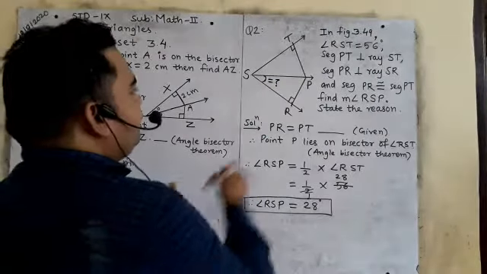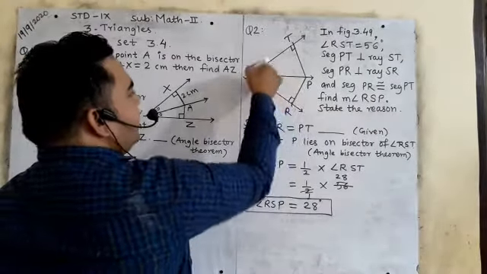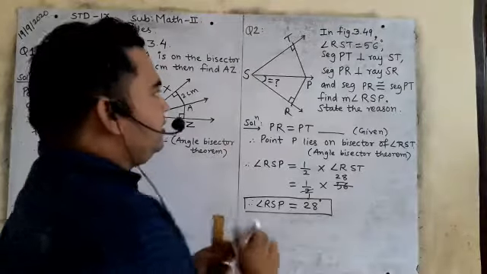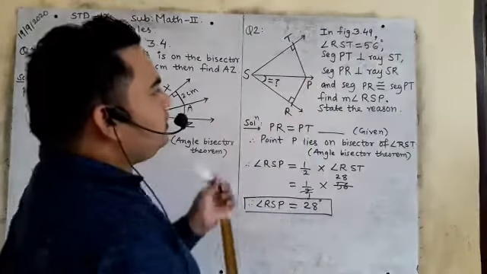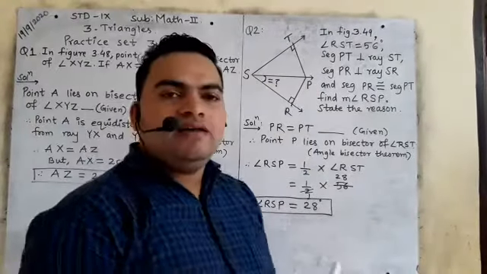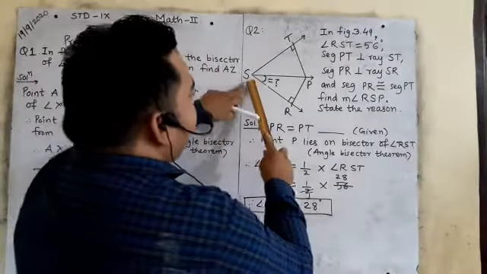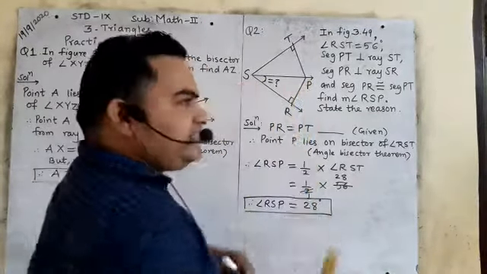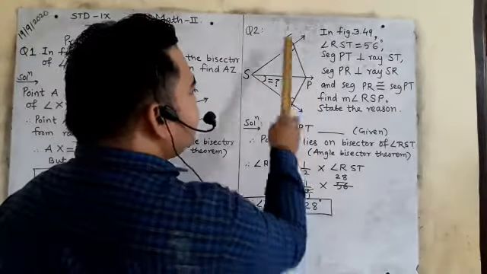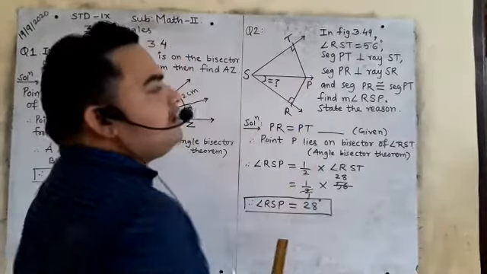So if this complete angle RST is 56 degree, then what about SP? In short, in the question it is indirectly said that ray SP is an angle bisector. Why? Because PT and PR are congruent.